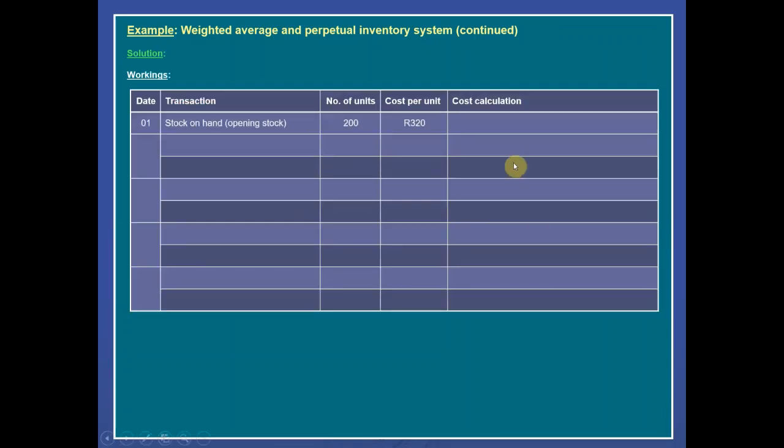So we had the first stock on hand of 200 units at a cost price of 320 Rand. Then we also purchased on the 4th 100 units at 340 Rand. So at this point we can calculate the weighted average cost.